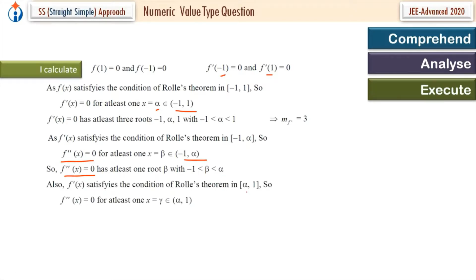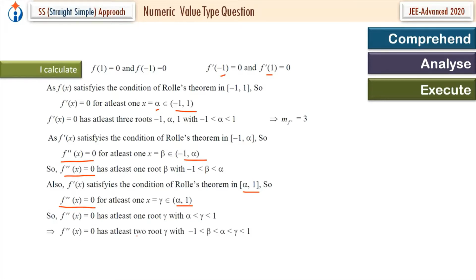Now again, from alpha to 1, f'(1) is 0, f'(alpha) is 0. So f''(x) is equal to 0 for at least one x equal to gamma belonging to (alpha, 1). So f''(x) has at least two roots, beta and gamma, with −1 less than beta, beta less than alpha, alpha less than gamma, and gamma less than 1.